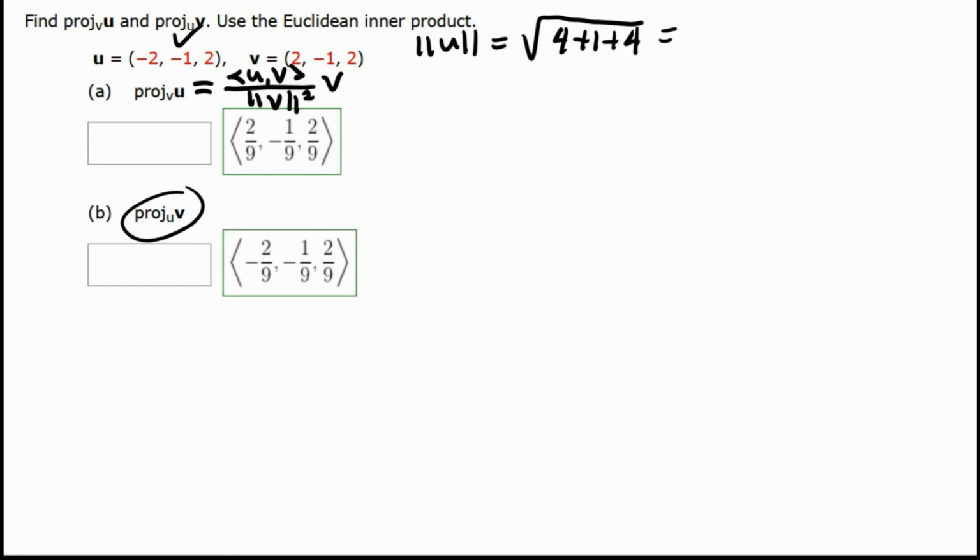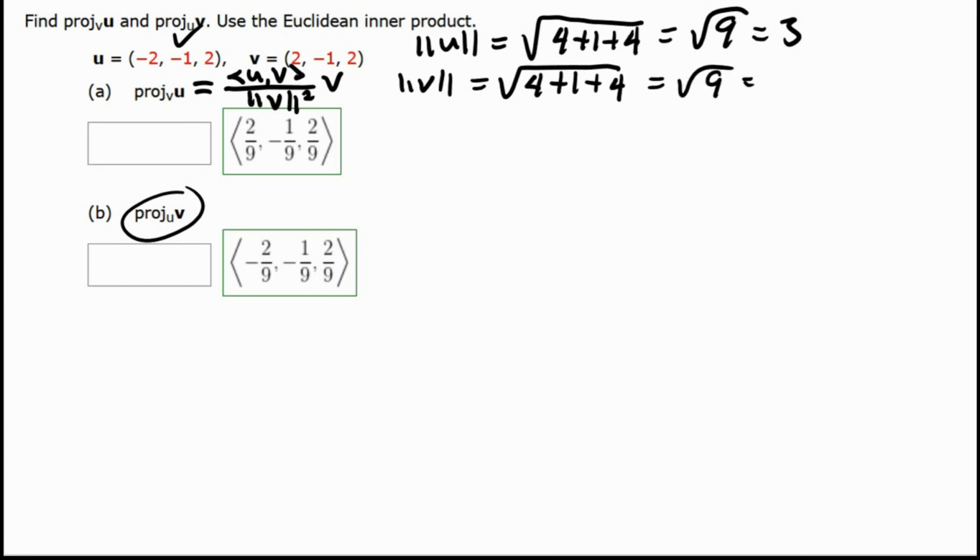So that's the square root of 9. We get 3. And then we need the norm of v, which is the square root of 2 squared, 4, plus negative 1 squared is 1, plus 2 squared is 4. We get the same thing.